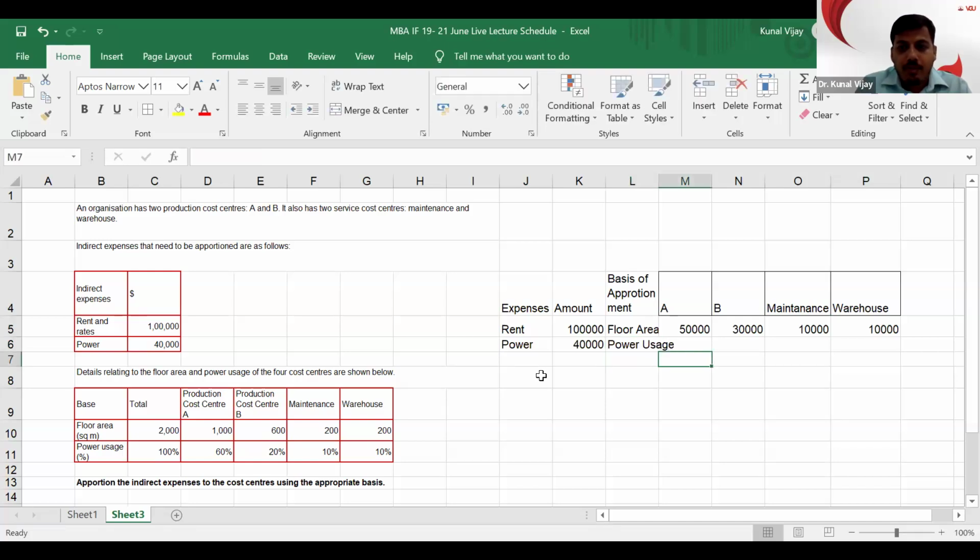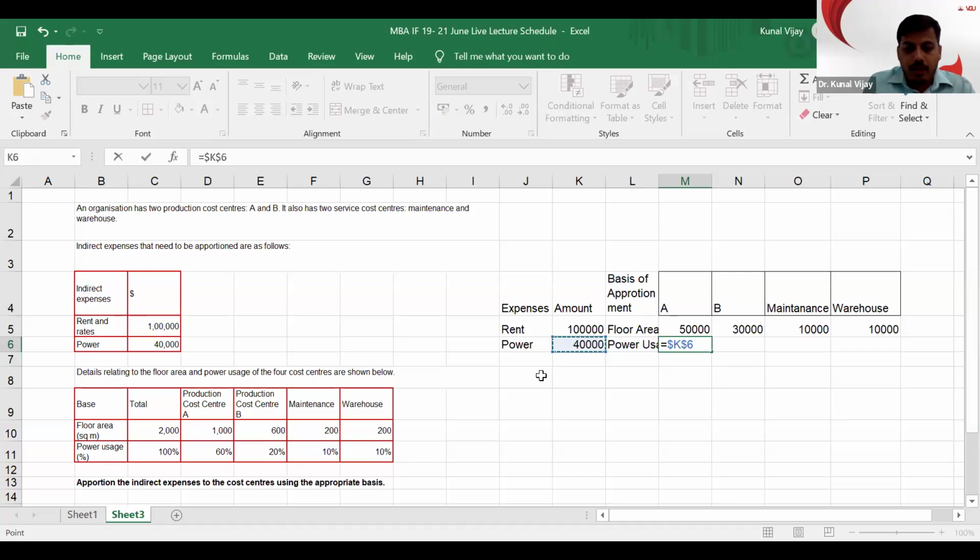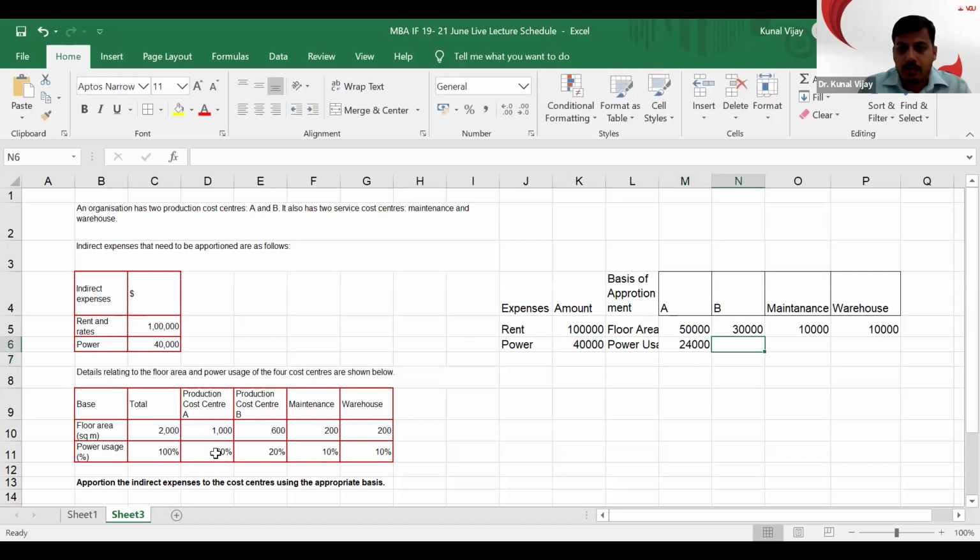Now I have been given the percentage, so I will directly use 40,000 multiplied by 60% and press enter. 24,000, and this is for all the departments. I will drag it down, so it will automatically use the percentage. So 40,000 is divided into 24,000, 8,000, 4,000 and 4,000.